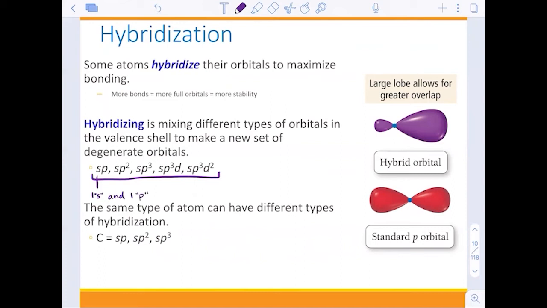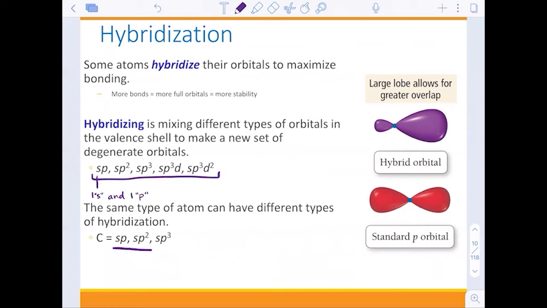Now that 1 is not the principal quantum number, we're talking physical orbitals that we've taken. sp2 would be an s orbital and 2 p's. sp3 is an s and 3 p's. sp3d, you grab one more d. sp3d2, you grab 2 d's instead of just 1.